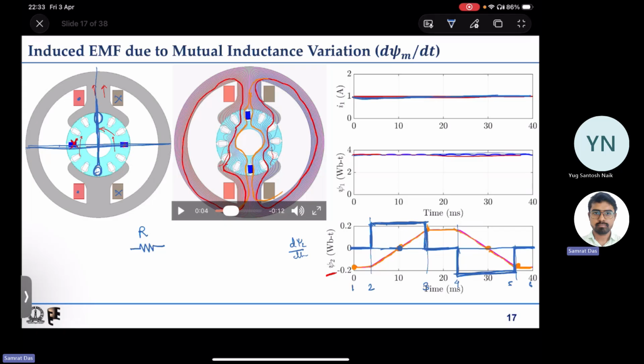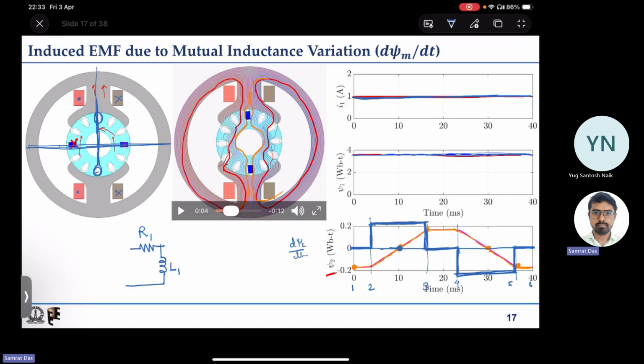We have to represent two things: first the first coil equivalent circuit, and then the second coil equivalent circuit. First coil: the flux linkage remains almost constant, so we can reasonably represent it with a constant inductance, say L1, and some resistance R1. So this becomes the equivalent circuit for the first coil.